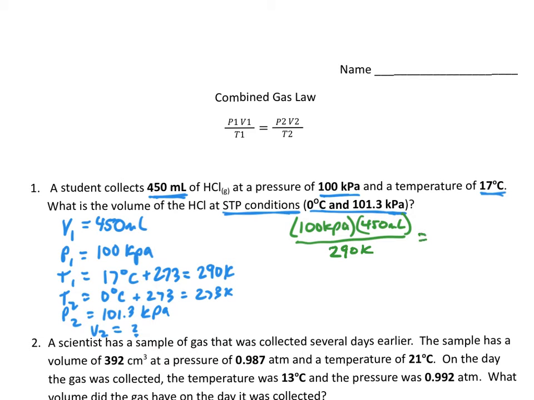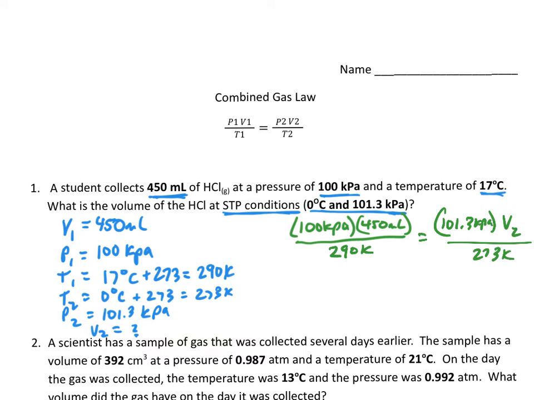I'm going to set that equal to my P2, which is 101.3 kPa. I'm trying to find V2, so I'm just going to write that variable out because that's what I'm trying to solve. You could use X or whatever letter you want, and then my 273 is going to go here on the bottom.